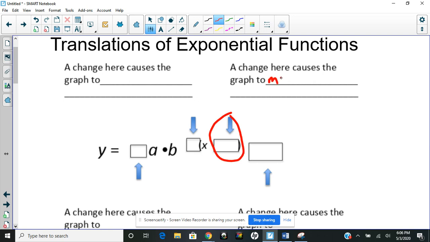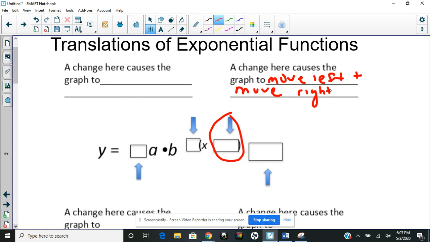If I can get my pen to work, move left. And things move left when you add to it, and move right. And that happens when you subtract.